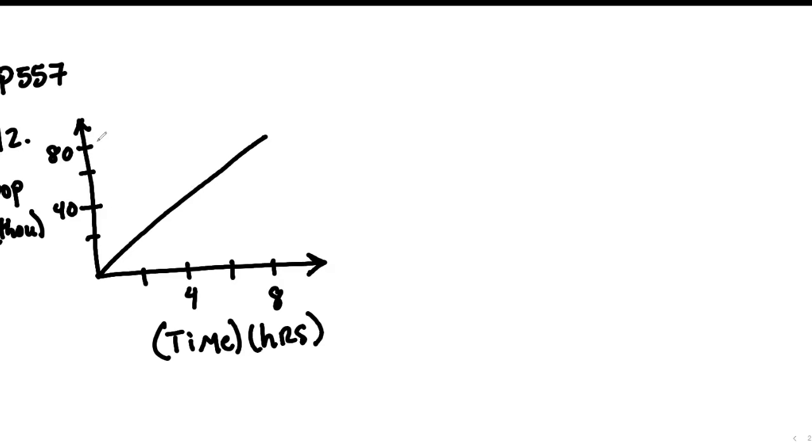So the horizontal axis is time, the vertical axis is our population.